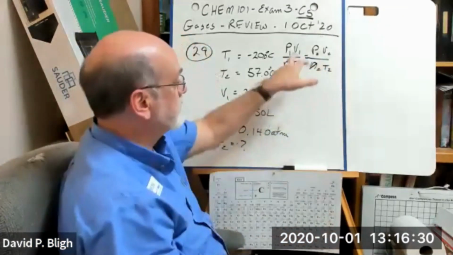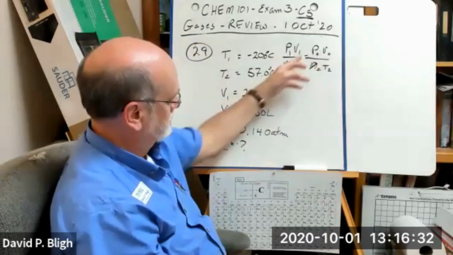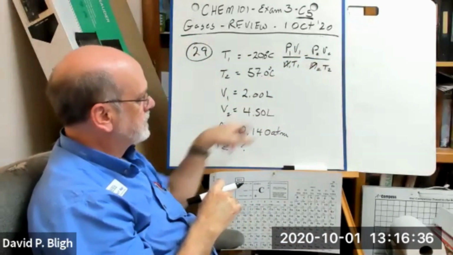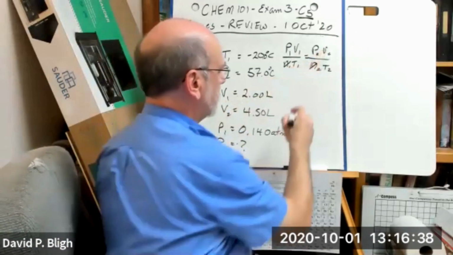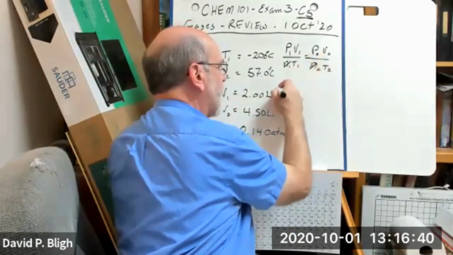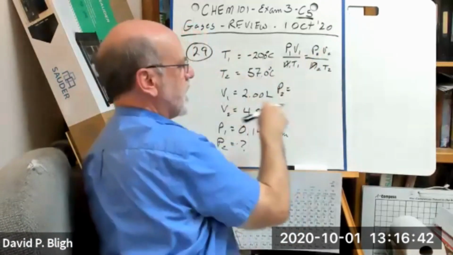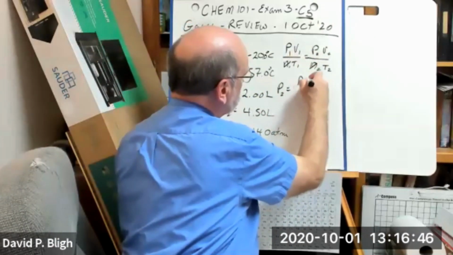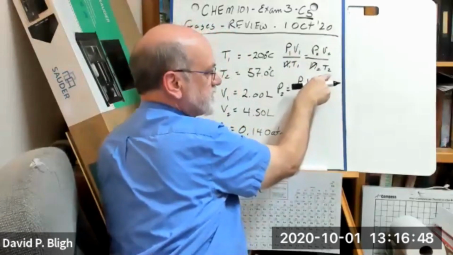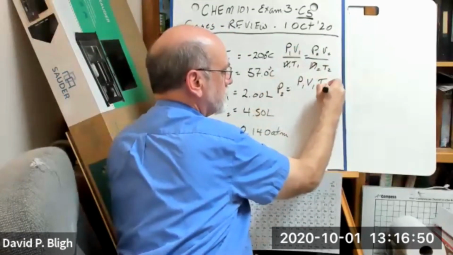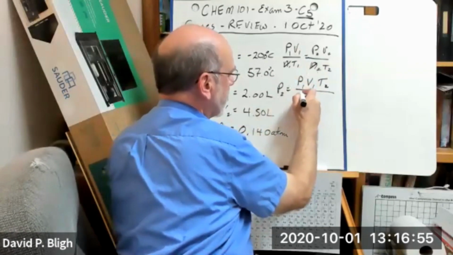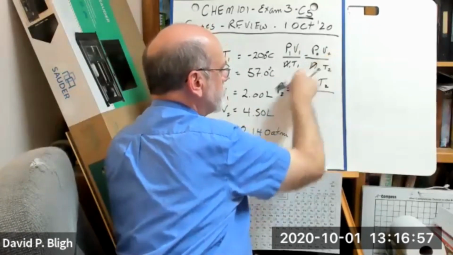So now what you have to deal with is these three right there. And P2 would be this one. So if we put P2 on one side and everybody else on the other side, that means P1 V1 is there, plus T2 comes over here. And then on the bottom, we have T1 already, and then V2 comes over on the bottom.